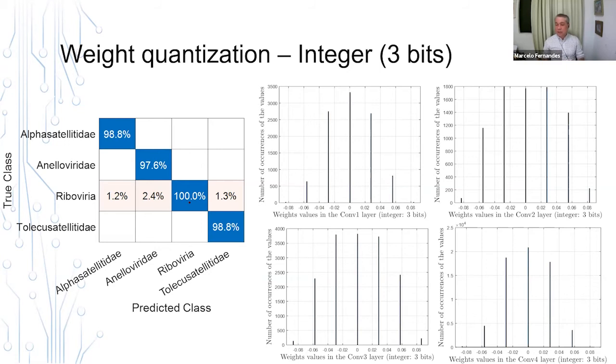It's very interesting, because we had 32 bits, and now we have just 3 bits per weight. It's a very aggressive quantization.